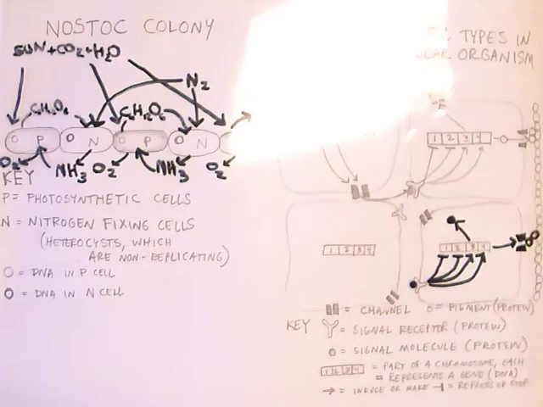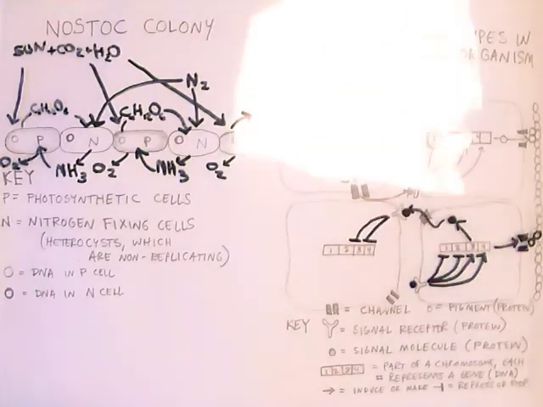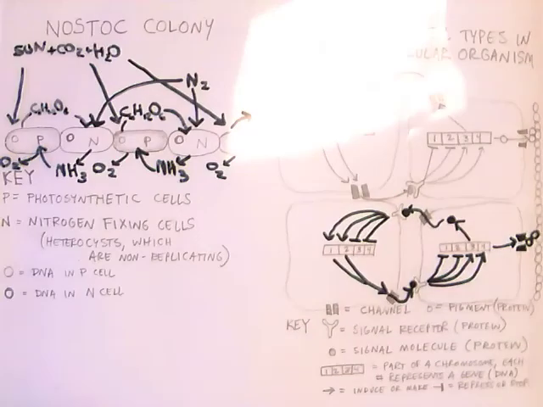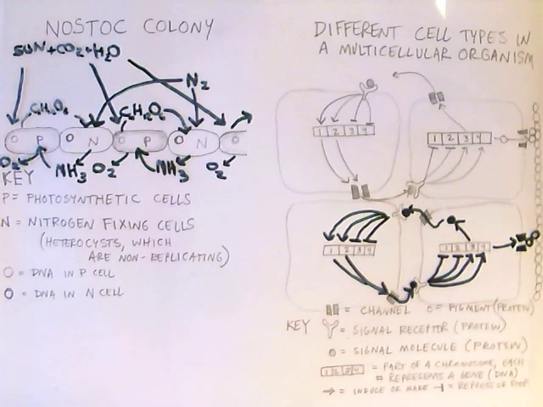In the colony of individuals, each individual is technically its own organism, but colonial living has selected for each individual having a specialized task. This is a colony of nostoc, which is a kind of bacteria.